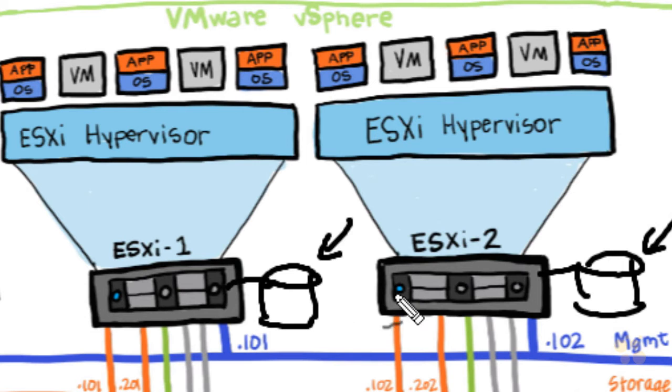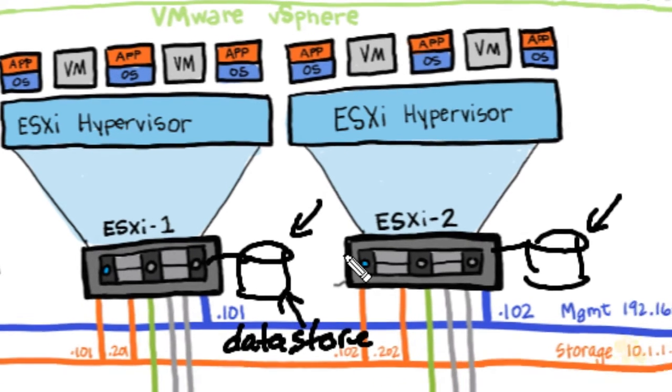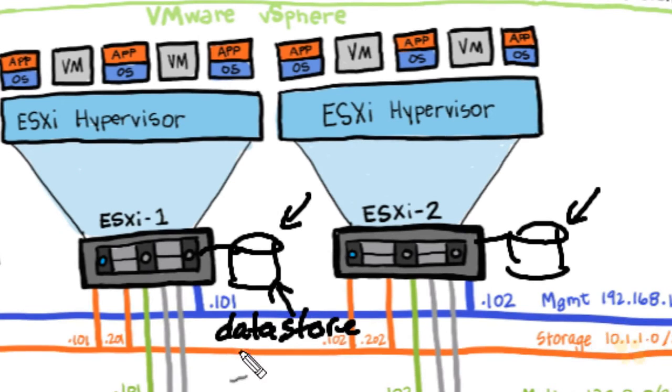And they gave these data stores a name, and they simply called it Data Store. And as a result, when we brought those ESXi hosts into vCenter, vCenter now knows about these data stores that are local to ESXi1 and ESXi2, except there was a teeny little challenge, and that is it can't have two data stores with the exact same name.